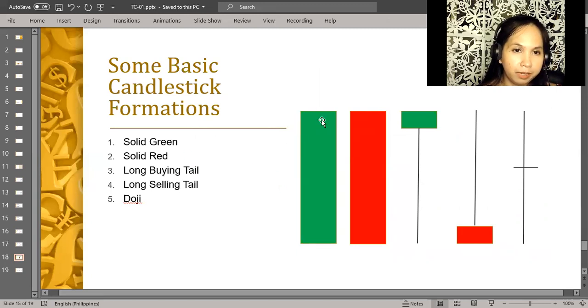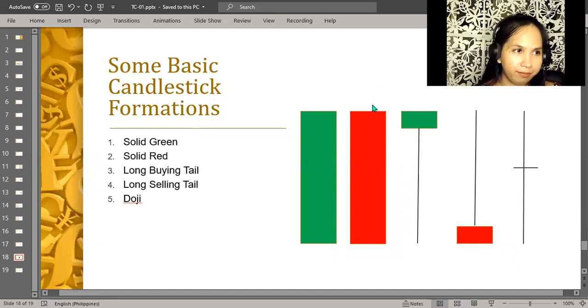So starting from the left, we have a green, tall, solid body, no tail. This is the most bullish candle. Price opened at the low here, but was bought up and closed at the high. The buying conviction is very strong. That's what it means. And it also means demand is very strong. A bullish follow through may be expected on the next candle.